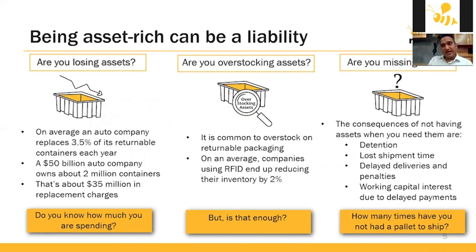Are you overstocking assets? Now, this is another interesting question. From my experience working with companies who have a large number of returnable assets to monitor, the biggest problem in the supply chain is that the containers are not always available when they need to ship something.